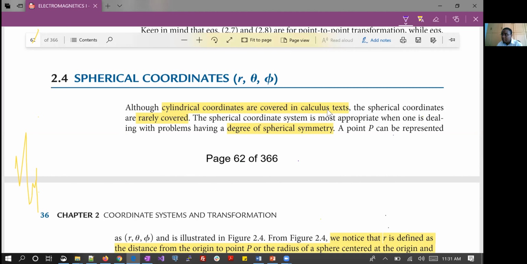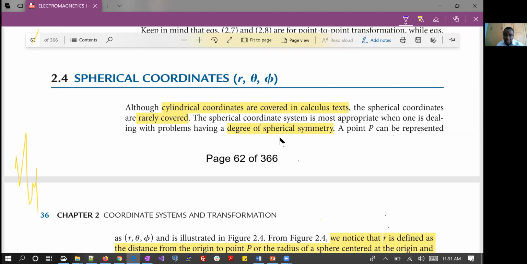It is similar to the one that we use to describe latitudes in the map. And then you're going to have phi, describing the angle from x towards y. So these are the three parameters or the three dimensions you're going to work with.